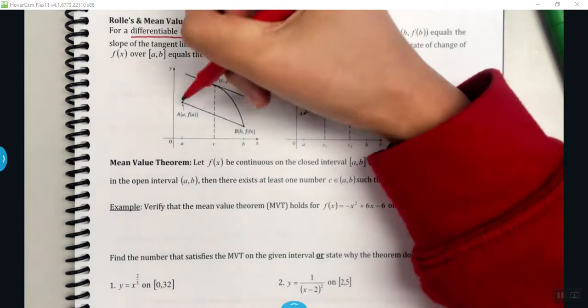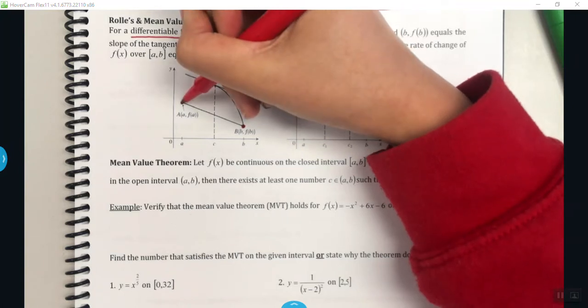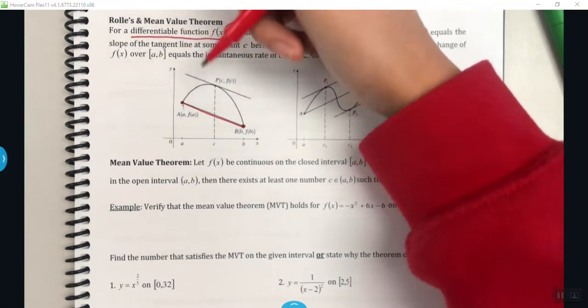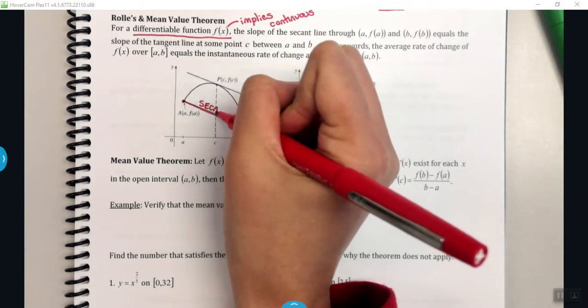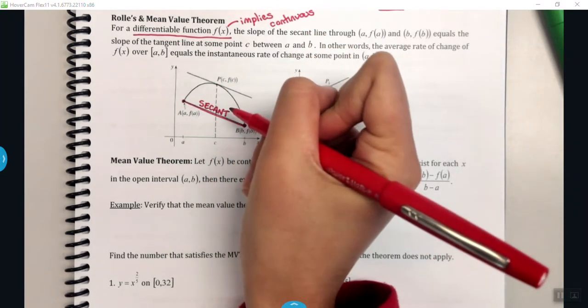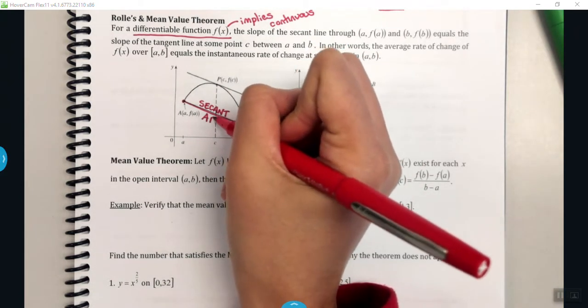And what it says is if you take 2 points and you find the slope between the 2 points, that's called the secant line, right? Secant is also average rate of change, yes?